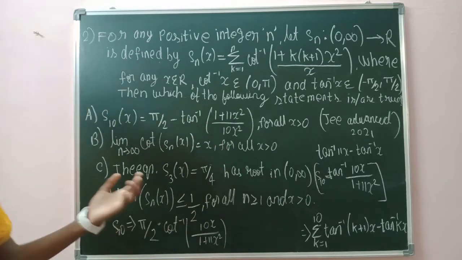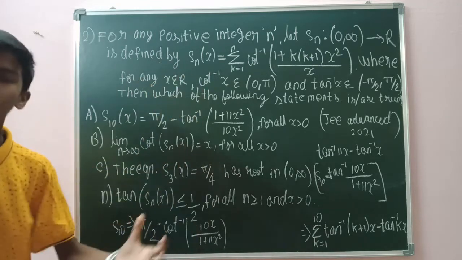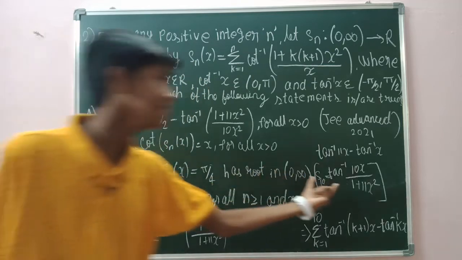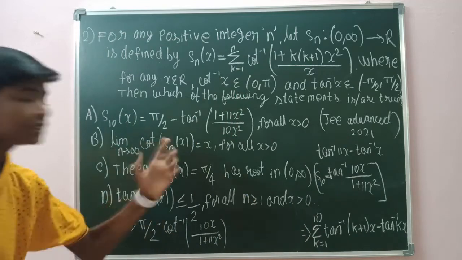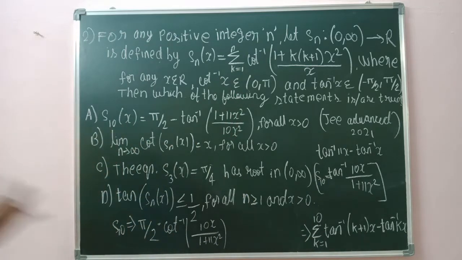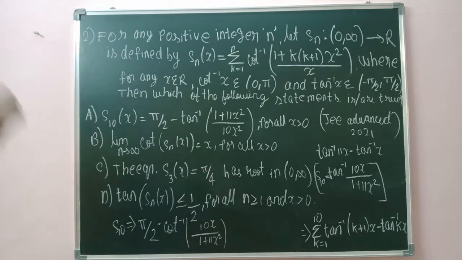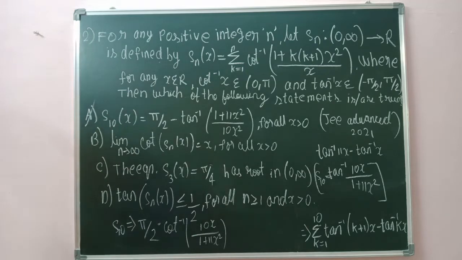Tan inverse of a plus cot inverse of a is pi by 2. That means tan inverse of something plus cot inverse of the same thing will give us pi by 2. So I can write tan inverse of 10x by 1 plus 11x square as pi by 2 minus cot inverse of the same thing. Very important property. Now this cot inverse of 10x by 1 plus 11x square can be written as tan inverse of (1 plus 11x square) by 10x, and that is what is given in option A. Hence your option is correct.